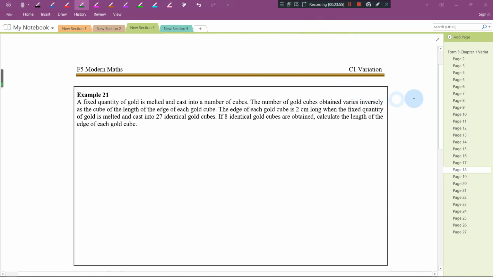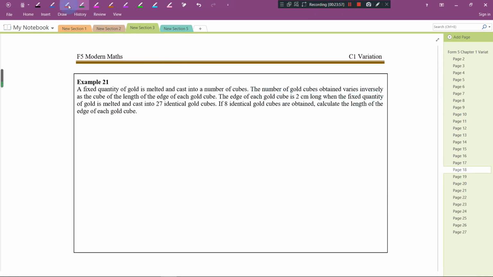Okay, let's try one more example. A fixed quantity of gold is melted and cast into a number of cubes. The number of gold cubes obtained varies inversely. Okay, so we have to look carefully at this sentence.